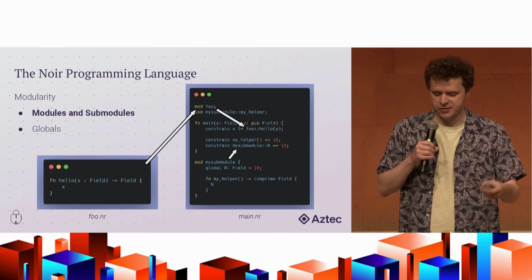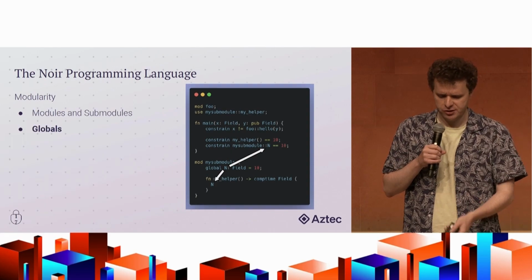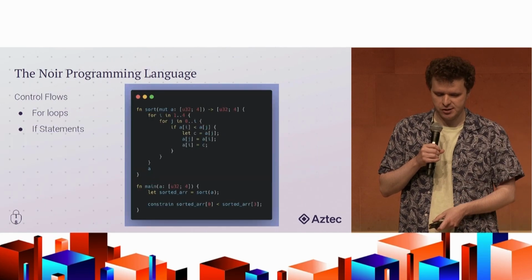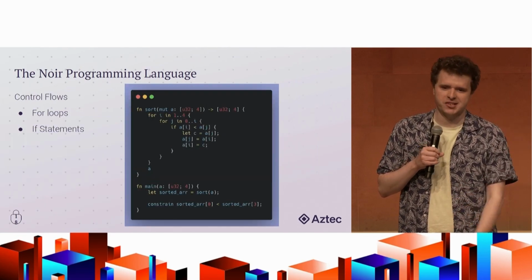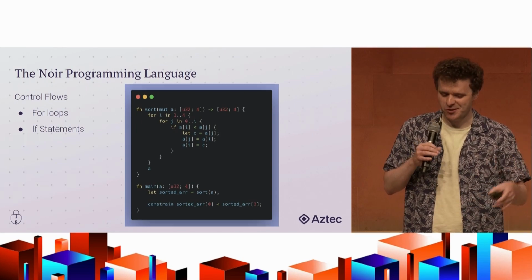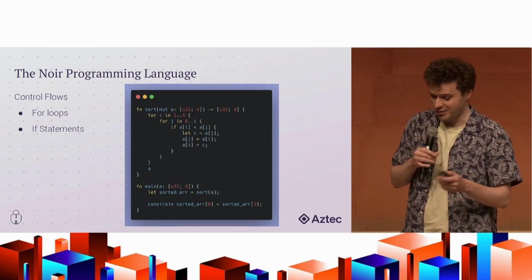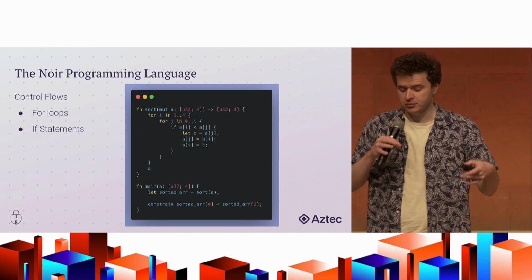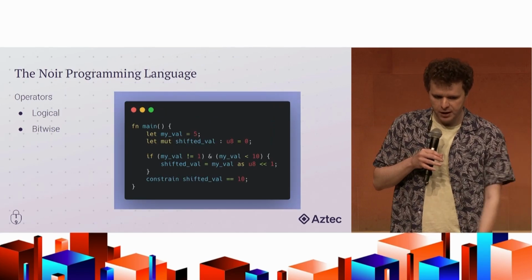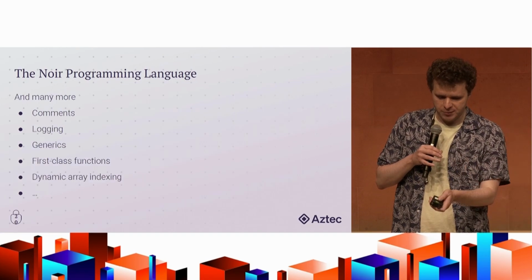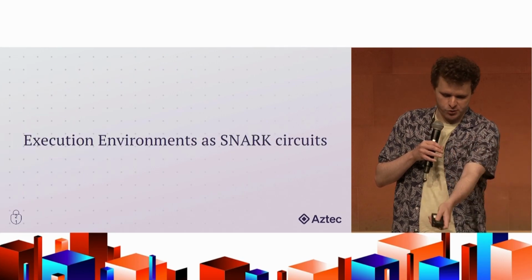We have even things like a module system and submodules. Isn't that amazing? It's better than C++. We even have loops and if statements, which, again, as a programmer, of course you have if statements. As a cryptographer, you think, oh, if statements, they're hard, but we've got them. And so, Noir's amazing, Noir's awesome, you should use Noir.